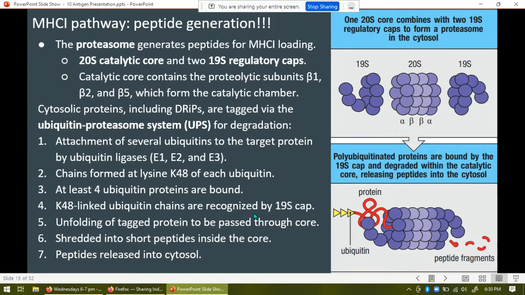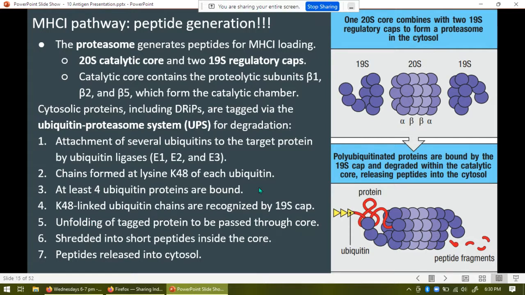the ubiquitin chains will be recognized by the 19S regulatory cap of the proteasome. Okay. What happens next is this 19S cap unfolds the tagged protein into a straight line. Okay. So it straightens it out like a snake that you're uncoiling, and it threads it through the proteolytic core, okay, the catalytic core.